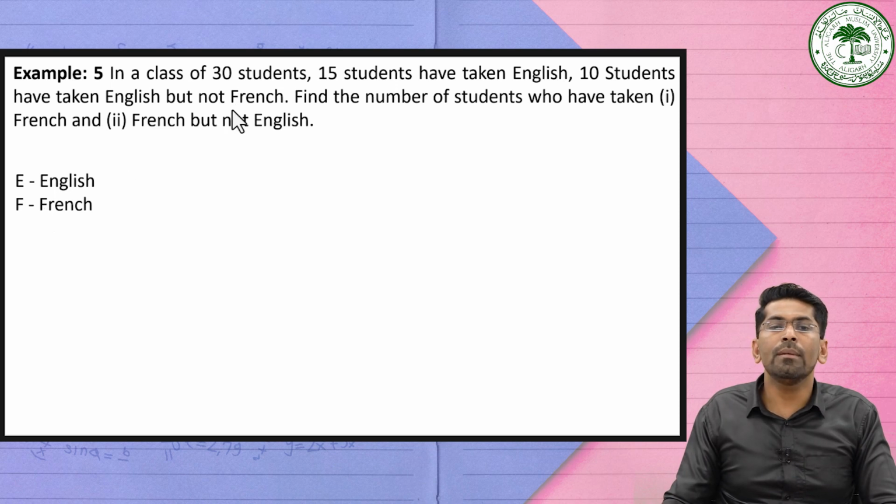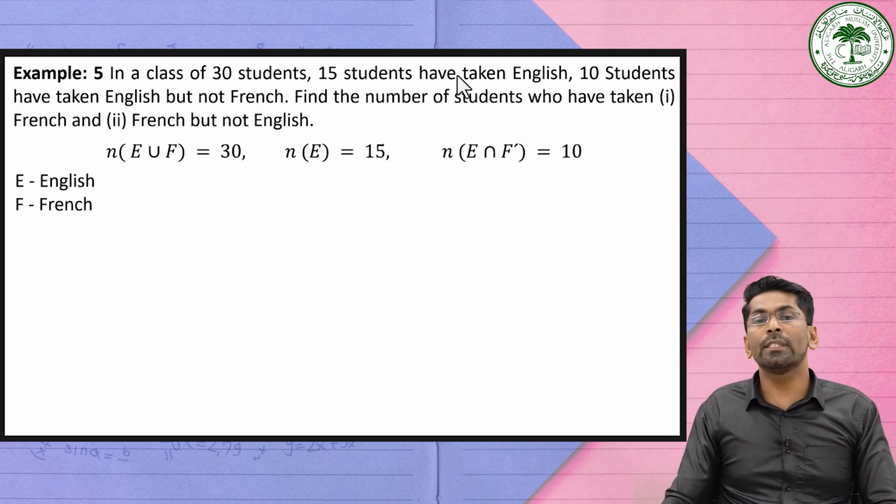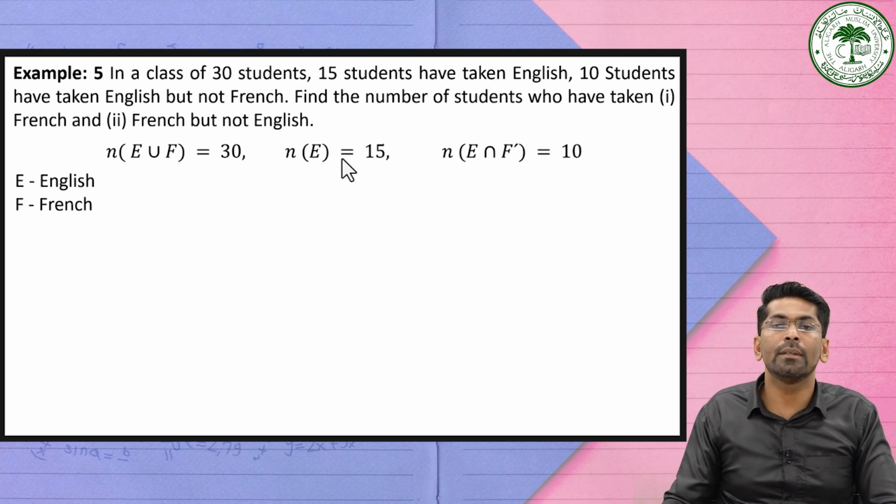And from the given question, what information is given here? The number of elements in E union F, English union French, is equal to 30, and 15 students have taken English, so the number of elements in E is equal to 15.